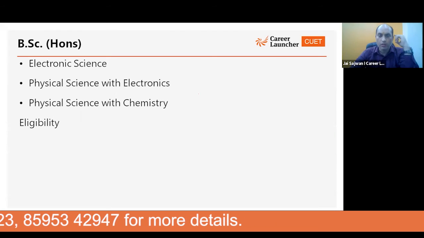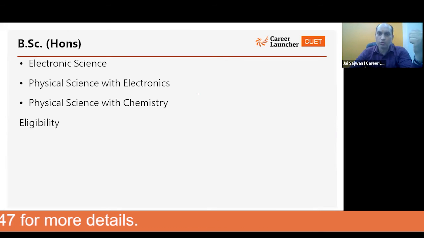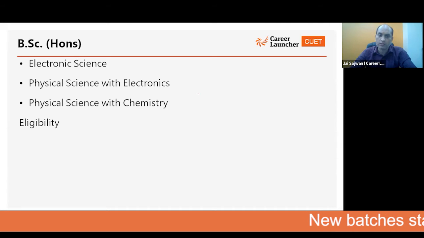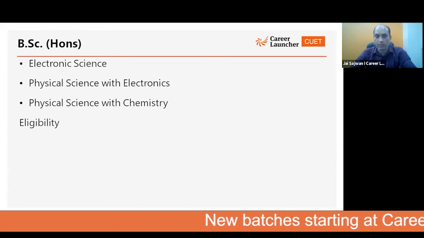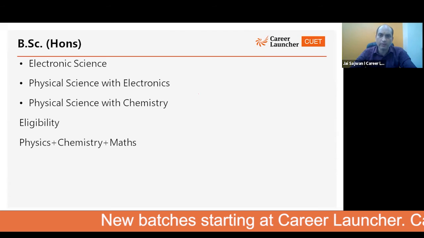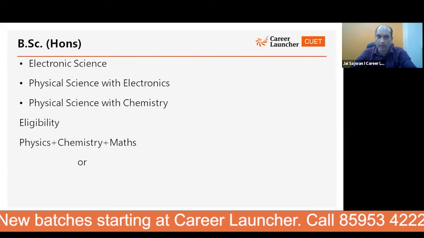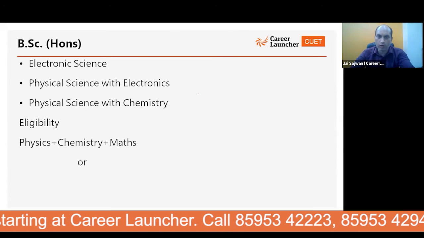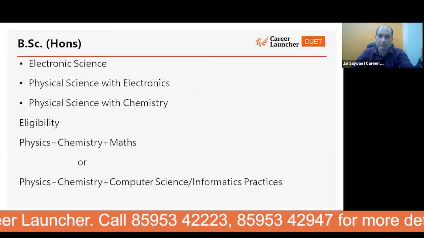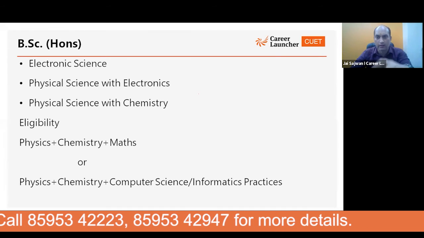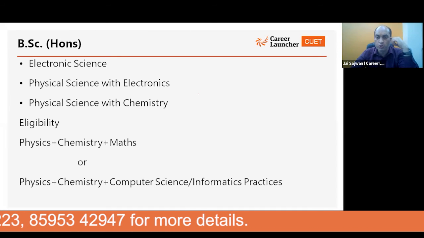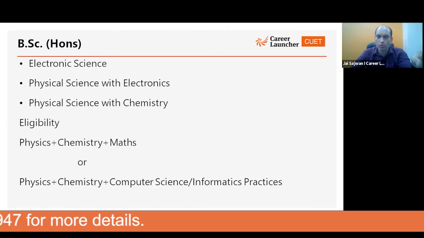Now apart from this, there are some very good programs of Delhi University. For example, Electronic Science and Physical Science with Electronics is one of the programs, and Physical Science with Chemistry is a program. Their eligibility criteria is physics, chemistry and maths for all of these 3 programs, and you can have physics, chemistry, computer science or informatics practices that people usually choose in class 12. So if you feel you are very good in that, what are the options available to you?